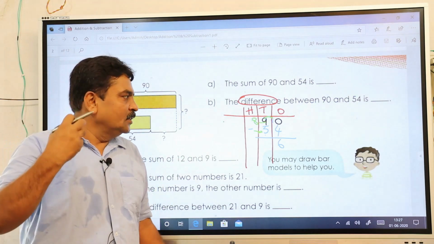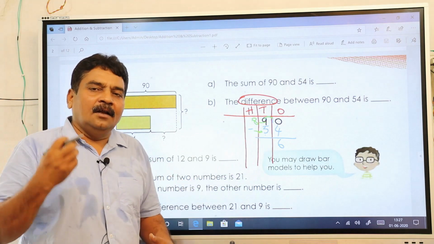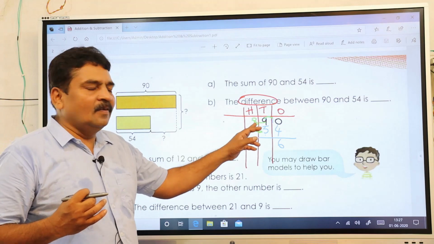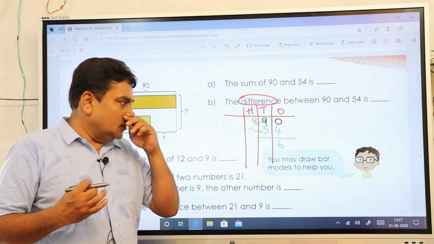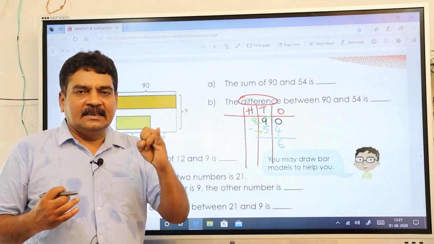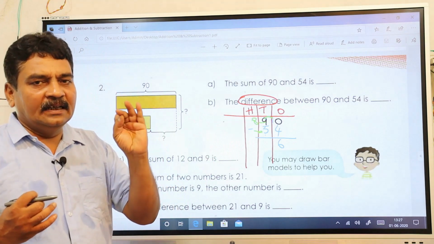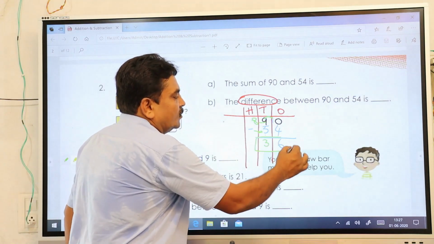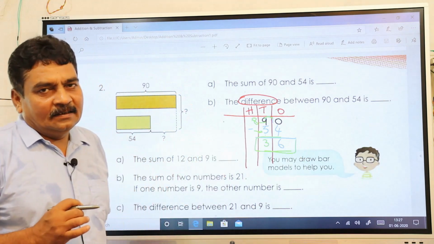The smaller number is 5. Now start counting beyond 5 till you get the required number, that is 8. So 5, after that 6, 7, 8. There are 3. So you write down 3 as your answer. So 36 is your answer.